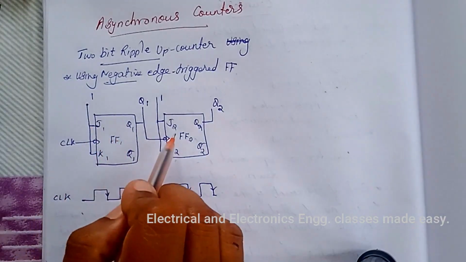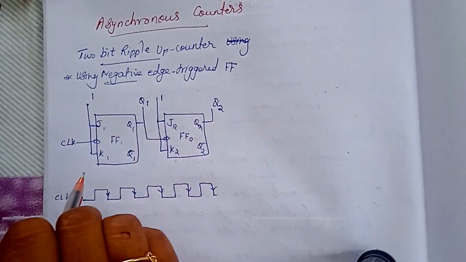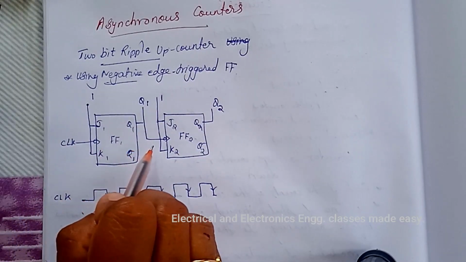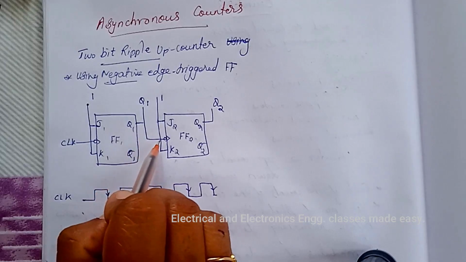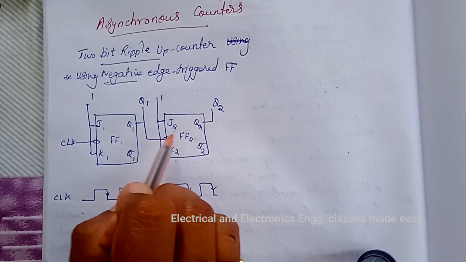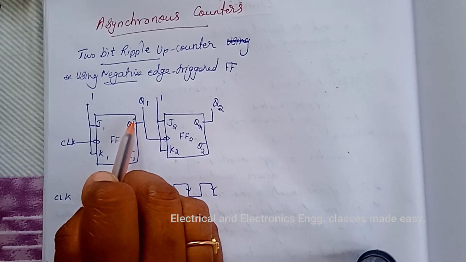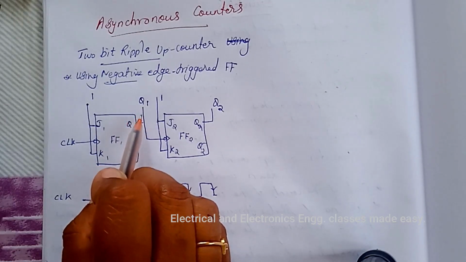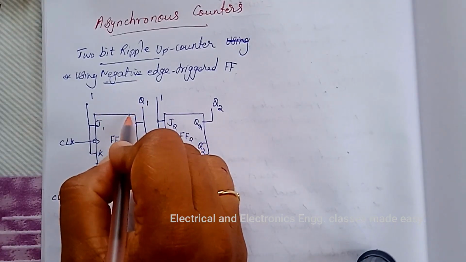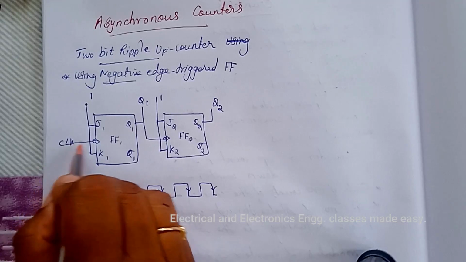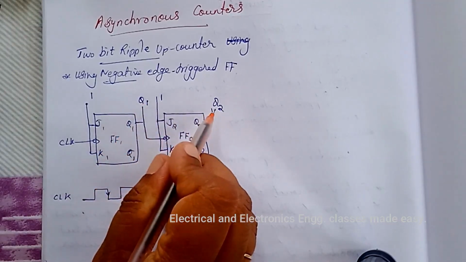Here JK flip-flops are used, and JK inputs are set to 1, that is in toggle state. And here the Q output is given to the clock input of the second flip-flop. As we have already told, the LSB is the Q output of the flip-flop to which the external clock is applied. So these are the two outputs, Q1 and Q2.